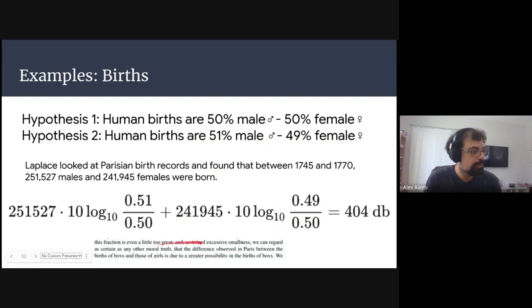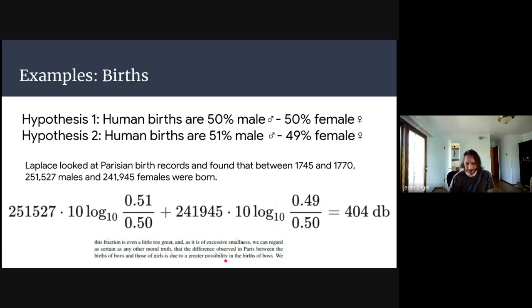Laplace concluded that the fraction is a little too great, and it's also of excessive smallness we can regard as certain as any other moral truth that the difference observed in Paris between birth of boys and girls is due to a greater possibility of the birth of boys. You can be dead to rights sure, more sure than you probably are of most things in your life, that human births are more male than female.